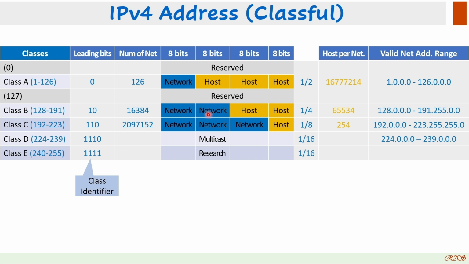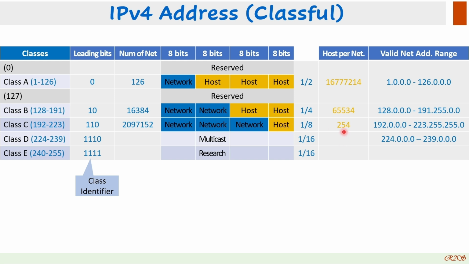So with 2 bytes for network address and leading bits 10, which means the 2 leading bits are always fixed, we get around 16,000 networks in class B, and around 65,000 IP addresses, or hosts, for each network in class B. And in class C, we have 3 leftmost bytes as the network address, and only the last byte is the host address.